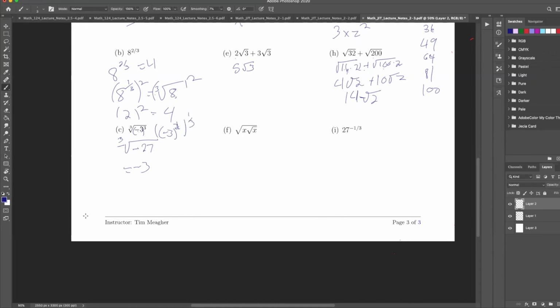And that just cancels, right? Because 3 times a third is just negative 3. But since we didn't have those parentheses there, I had to cube my 3, then negate it, then take the cube root. In this case, since it's odd, it ended up being the same.